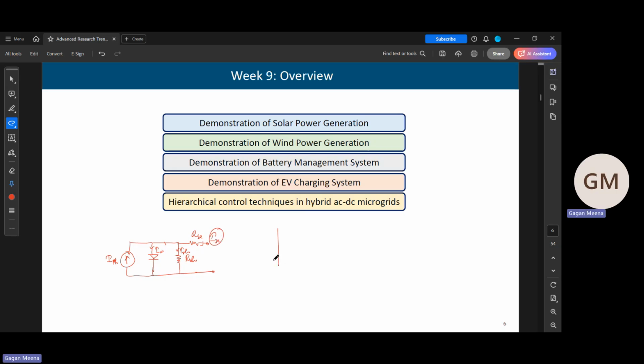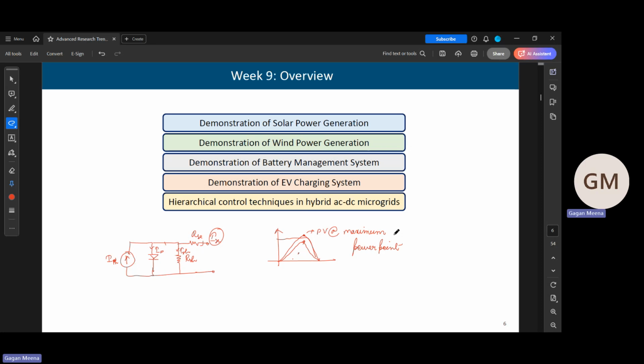We have already seen the PV curve and the IV curve, and we want the PV plant to operate at this maximum power point. Even when the irradiance changes, we want to track this maximum power point.